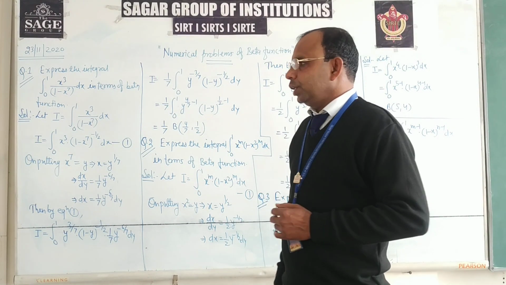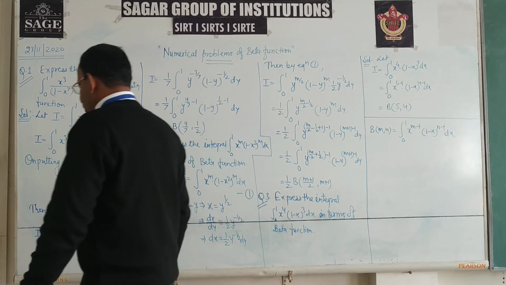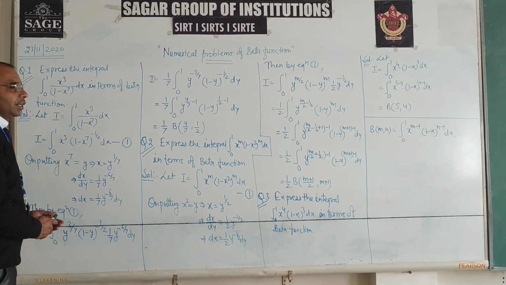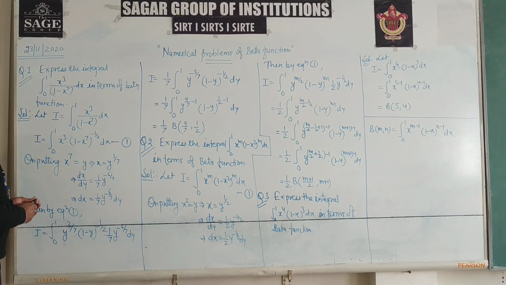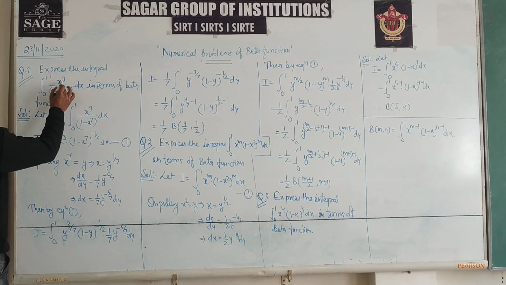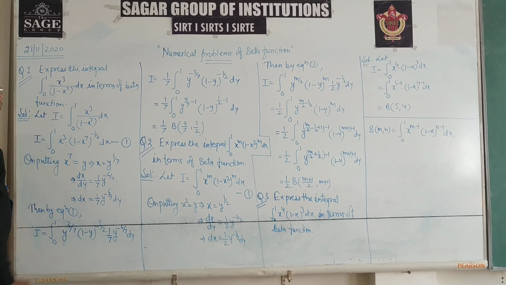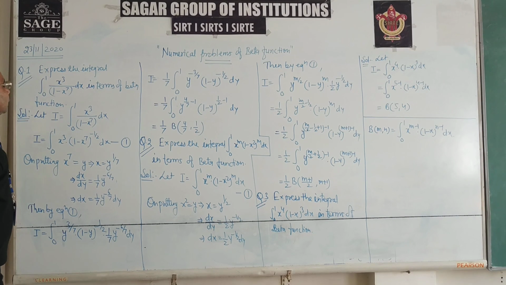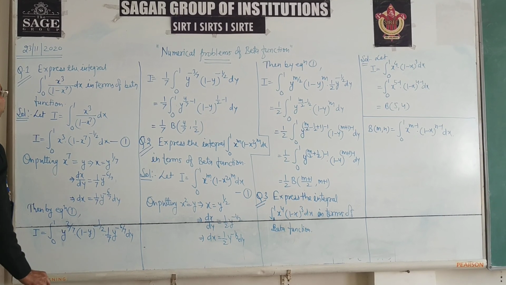Now we see here the first question: express the integral from 0 to 1 of x to the power 3 upon 1 minus x to the power 7 dx in terms of beta function.